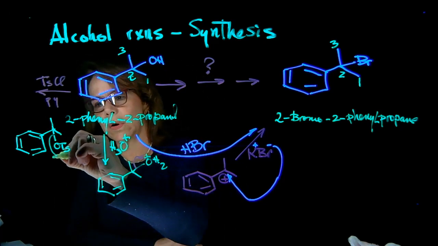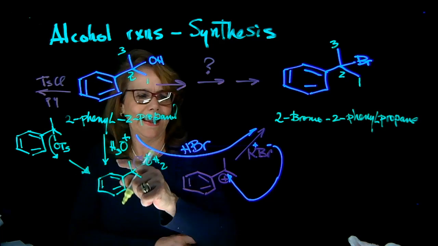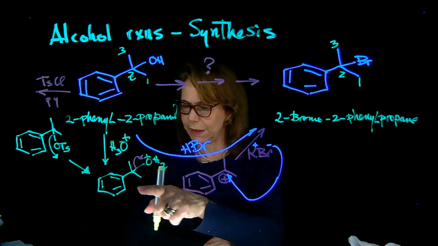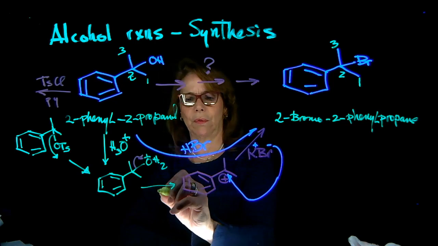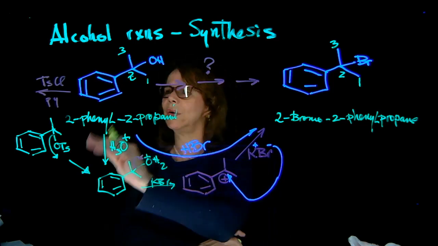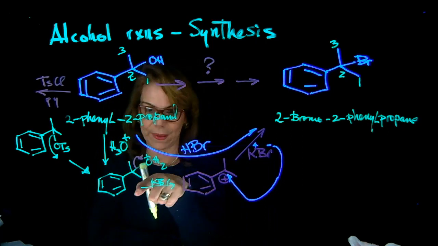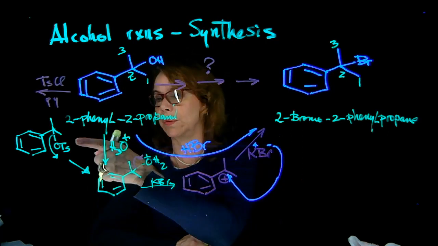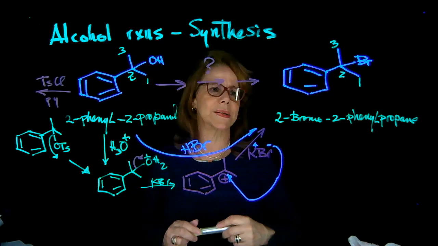It will depart and you will form the carbocation, and then you treat it with KBr, from here to here. So there are different ways of doing that. With acidic conditions, you can transform that into water, a leaving group. Or you can make the tosylate and react it with KBr.